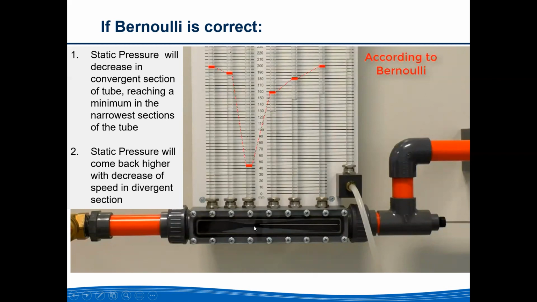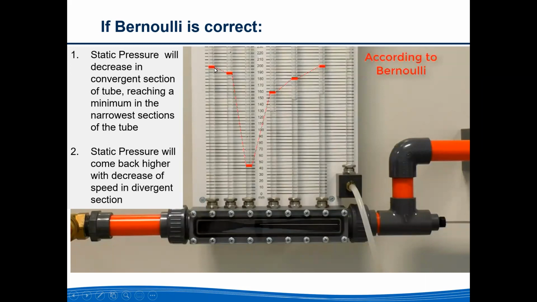The fluid then will reach a divergence, will start to expand, the cross-section area will expand. So in the divergent sections, the speed will be decreasing. And the last section, section number 6, has the same height, the same diameter and the same area as section number 1.